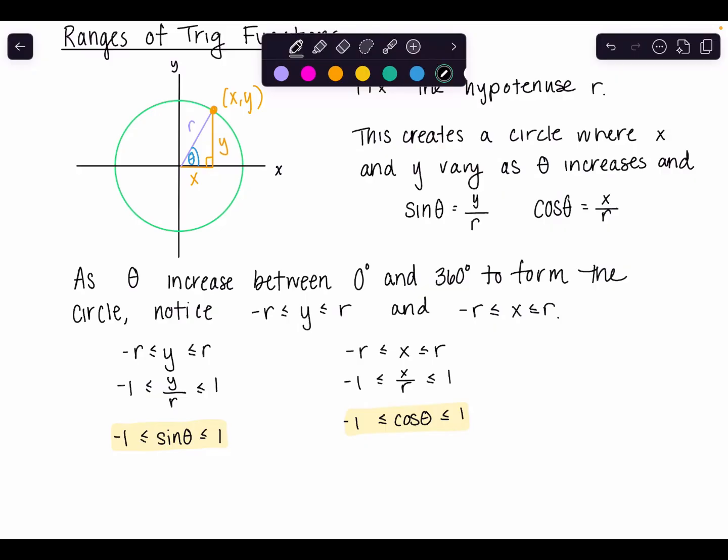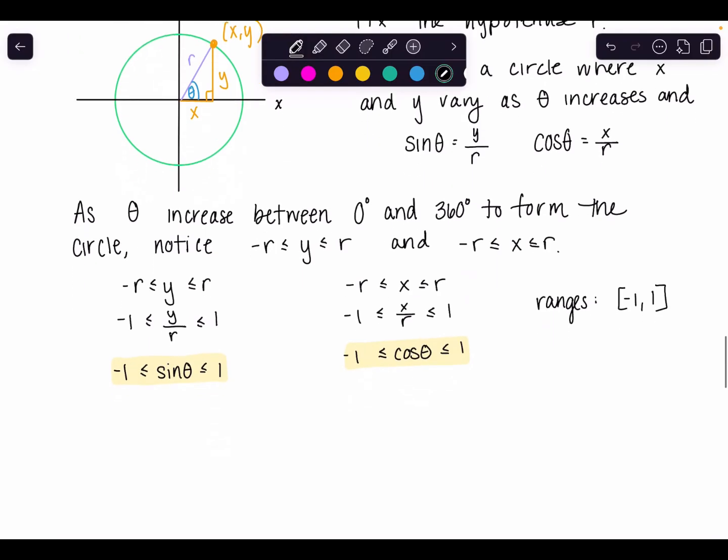So for the sine and cosine function, the ranges are going to be -1 and 1. That is the only outputs you're going to get, okay?